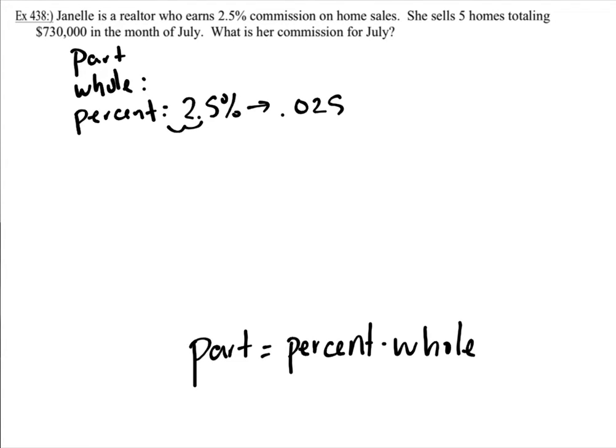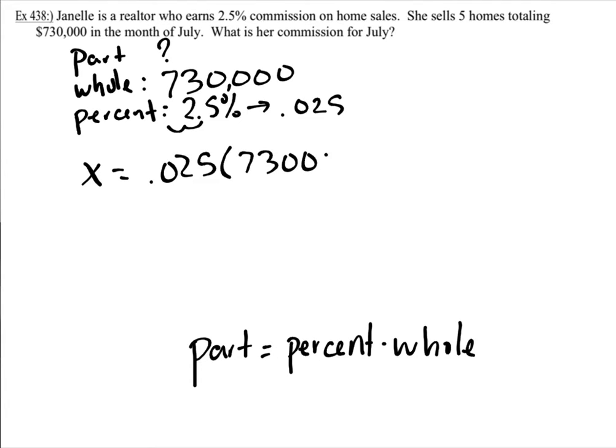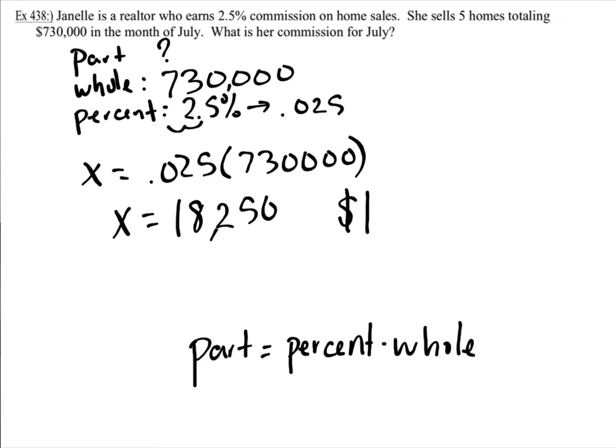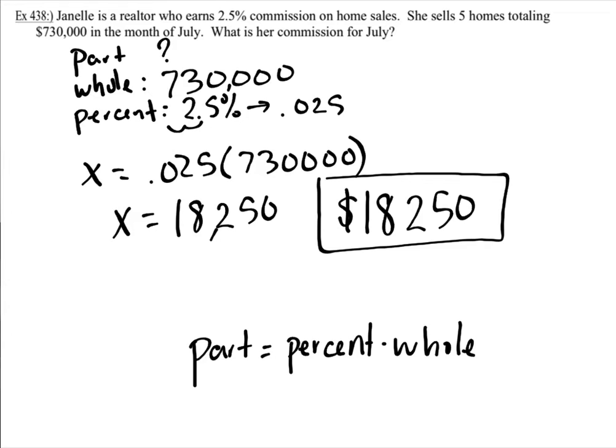The whole is, we need 2.5% of the sales. We know that is 730,000, and we need to find the part. So the part is 0.025 times the whole, 730,000. If we take 0.025 and multiply it by 730,000, we get 18,250. So Janelle's commission for the month of July is $18,250. That's a very good commission.